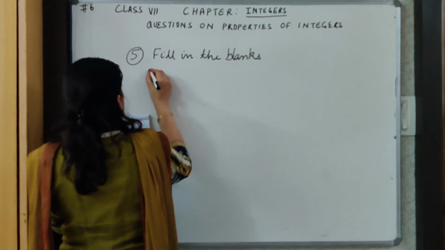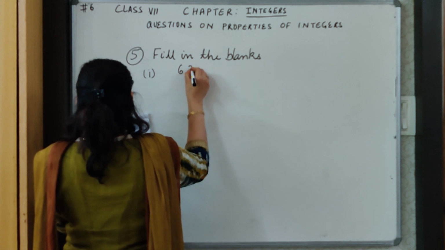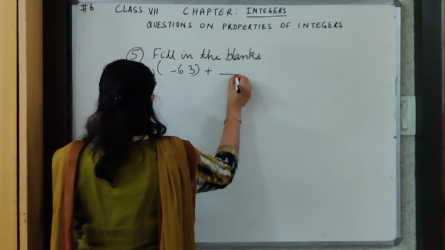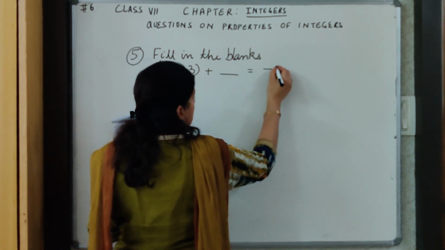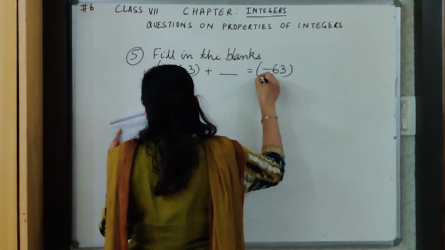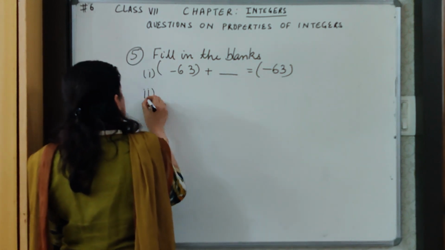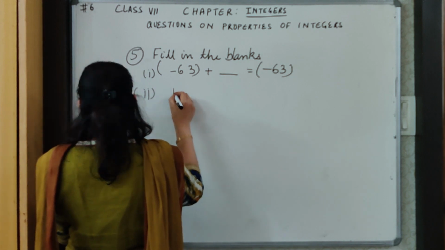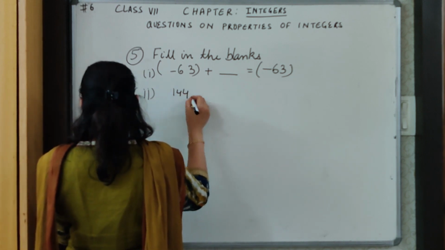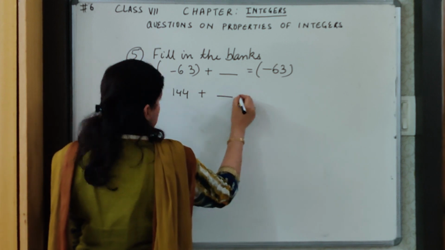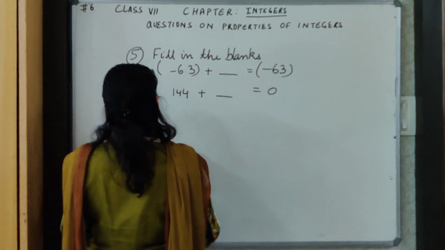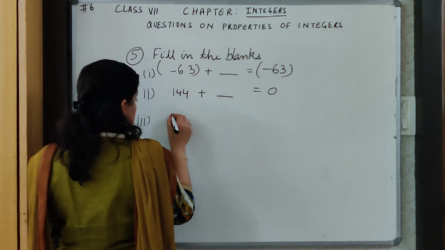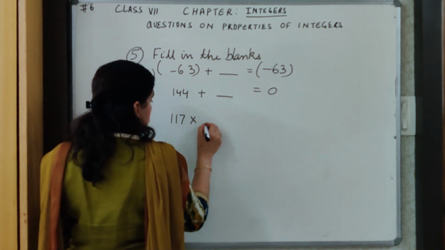So the first one over here is minus 63 plus a dash gives you minus 63. The next one is 144 plus dash gives you 0. First I am writing the questions for you and then we will solve them one after the other.